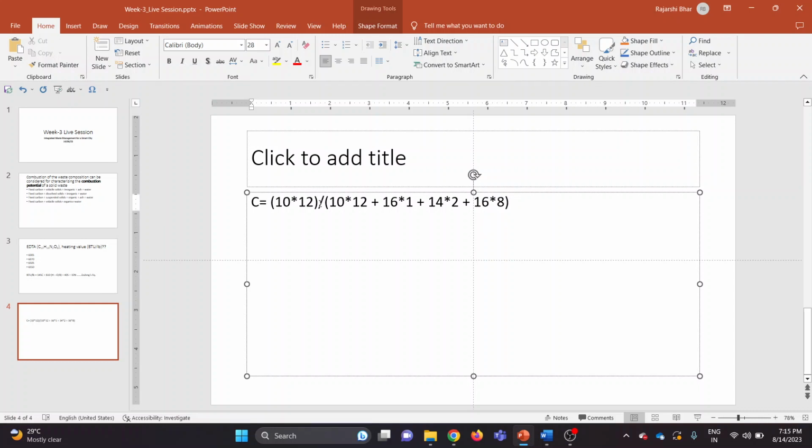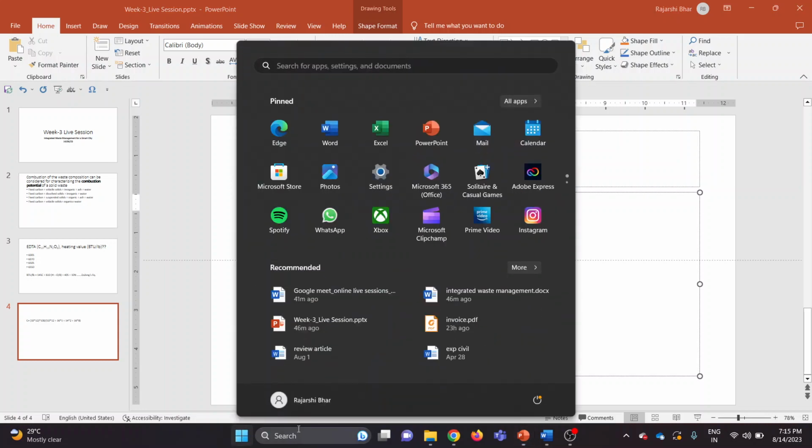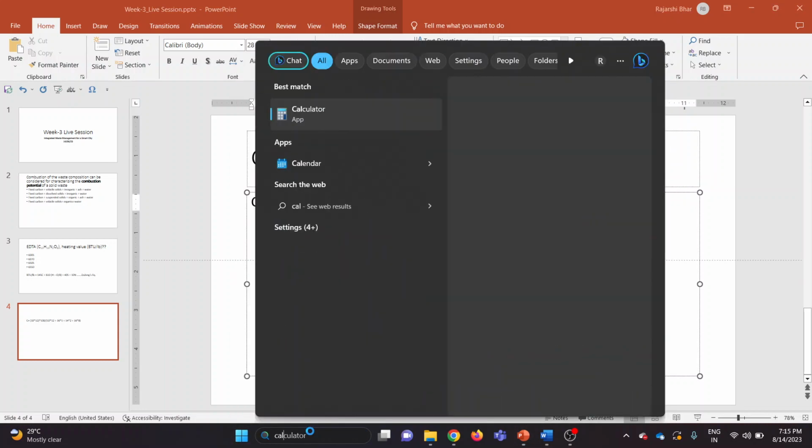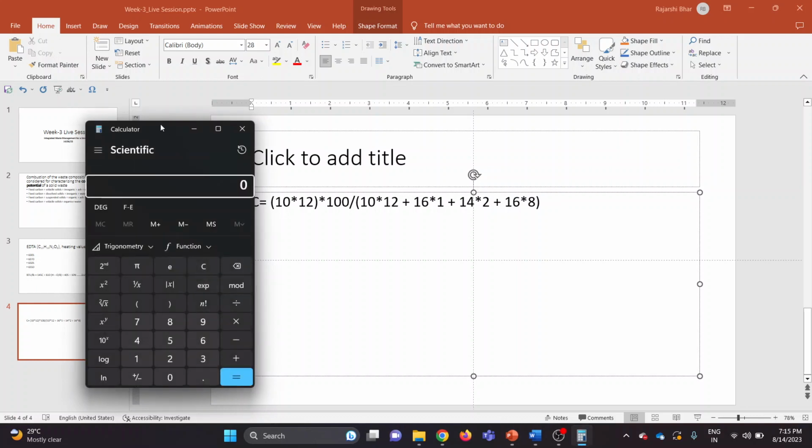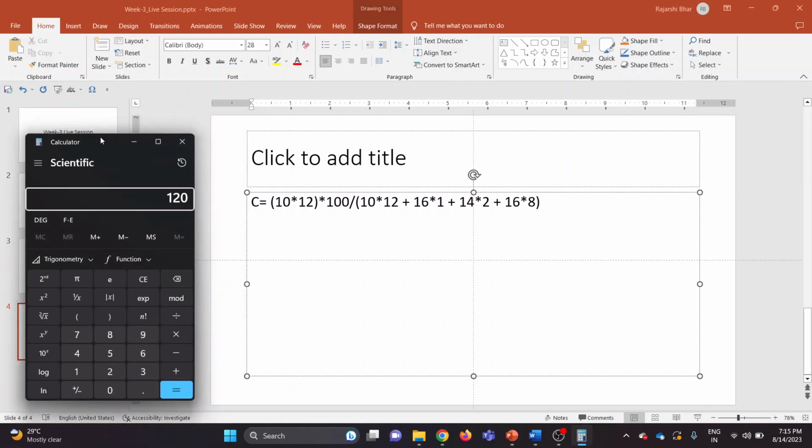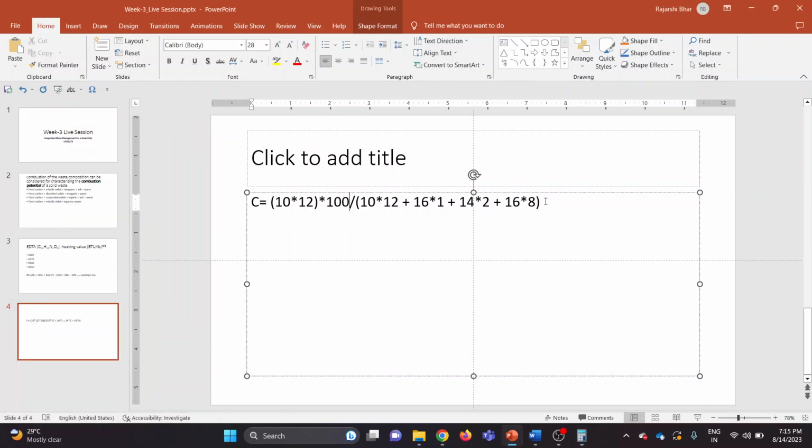This is the total, and in order to determine the percentage, I will multiply it by 100. I will just use a calculator to quickly calculate it. The denominator seems to be 292 and the numerator is 120 into 100 divided by 292.